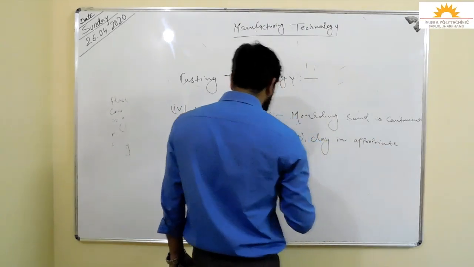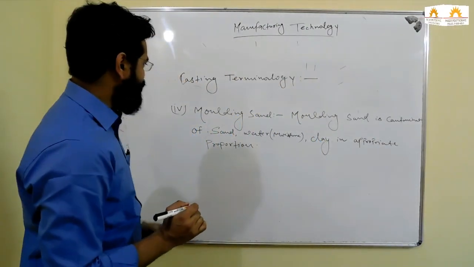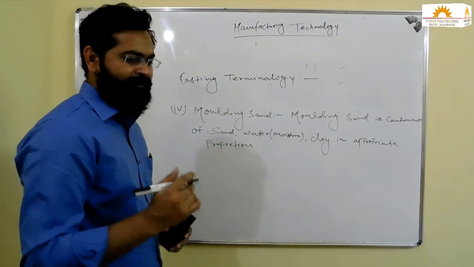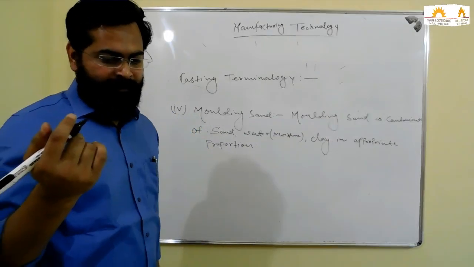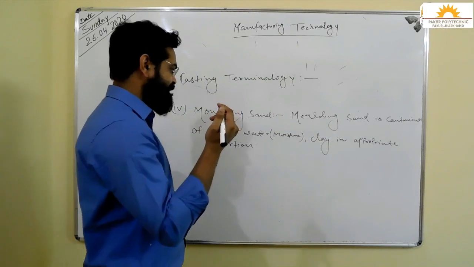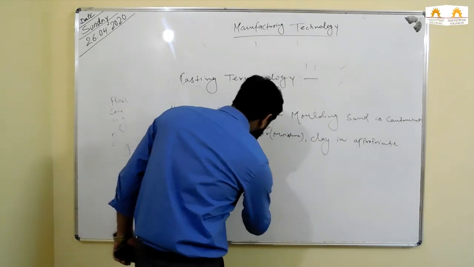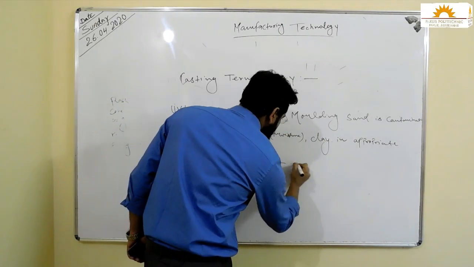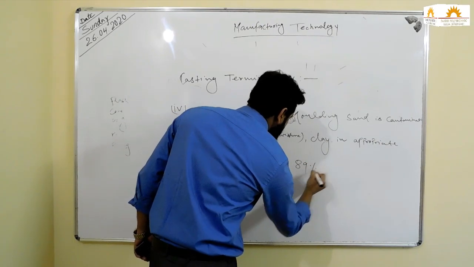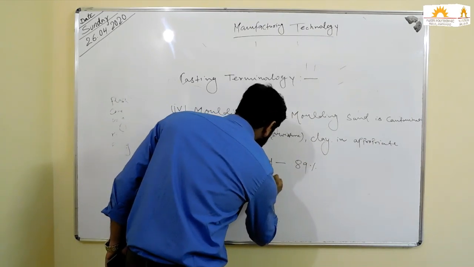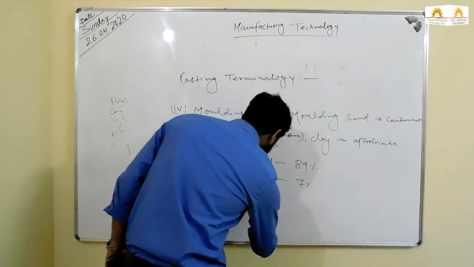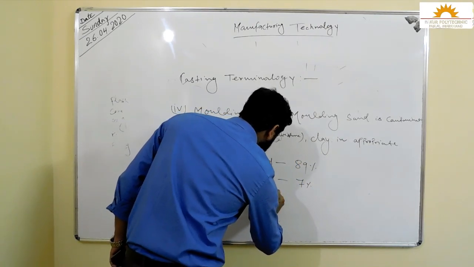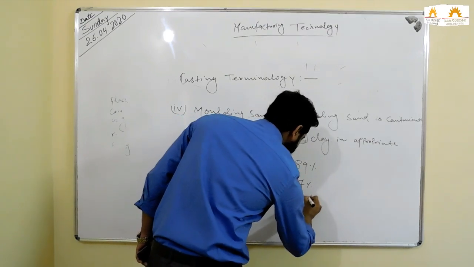What is the typical mixture by volume in molding sand? Sand will be 89%, clay 7% and water 4%.